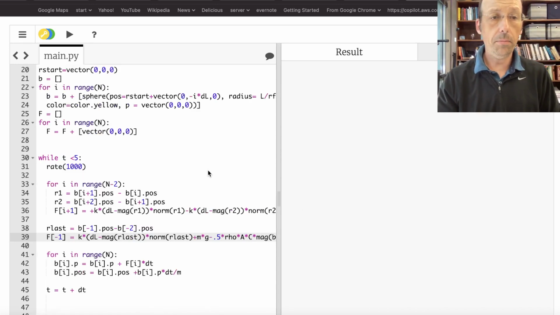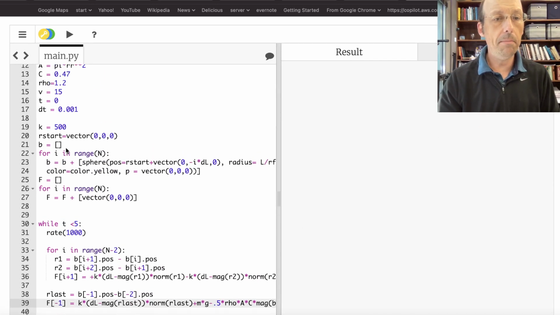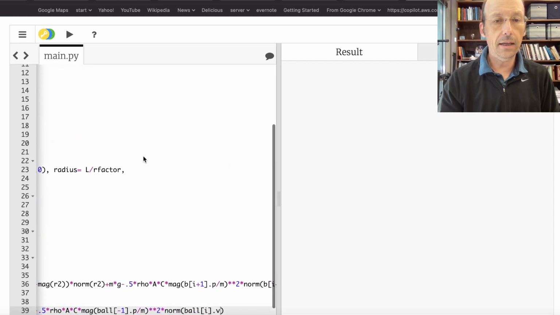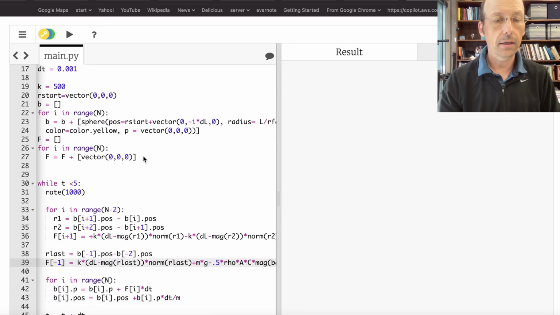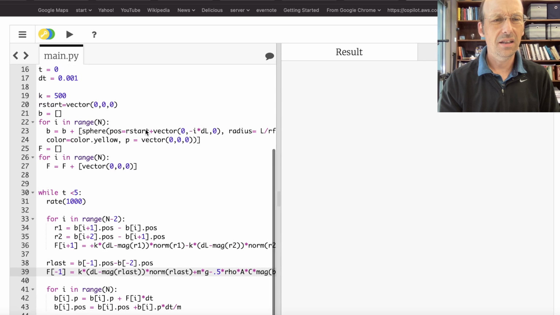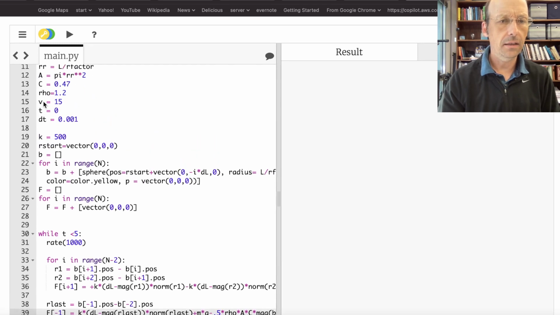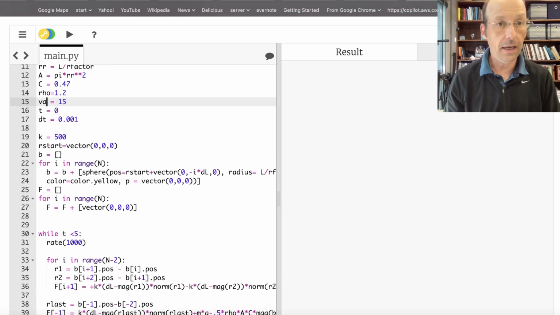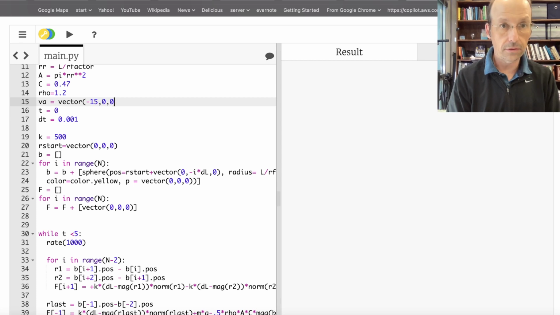So let's go up here, and when I make the ball, I'm going to add in a new property. Let's call this VA. VA equals vector negative 15, 0, 0.